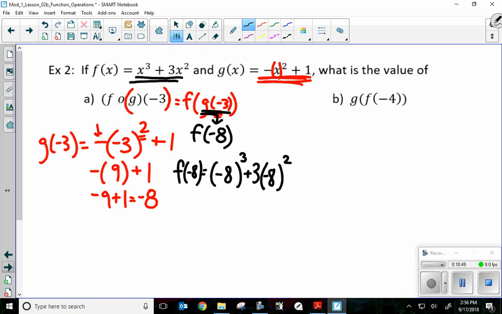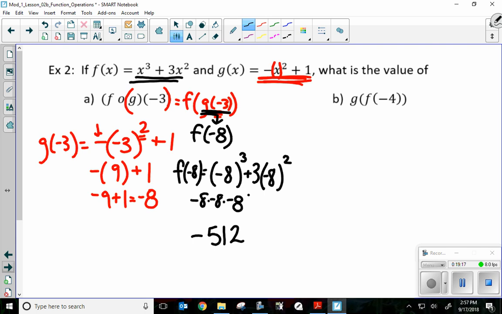All right. Well, negative 8 cubed, that's negative 8 times negative 8 times negative 8. And my answer is going to be negative. 64 is 8 times 8, and then times another 8. So 64 times 8 is negative 512.